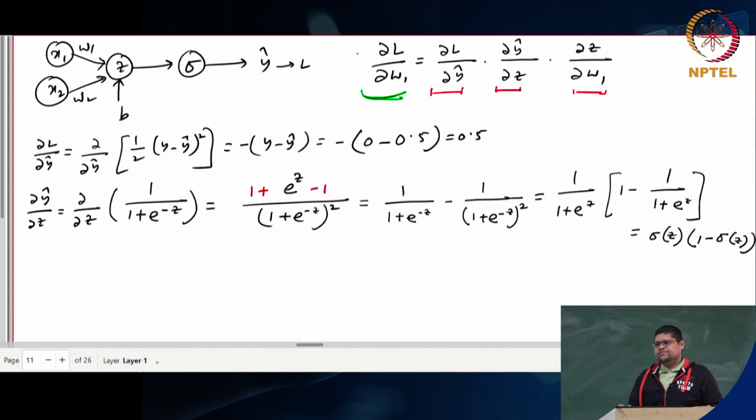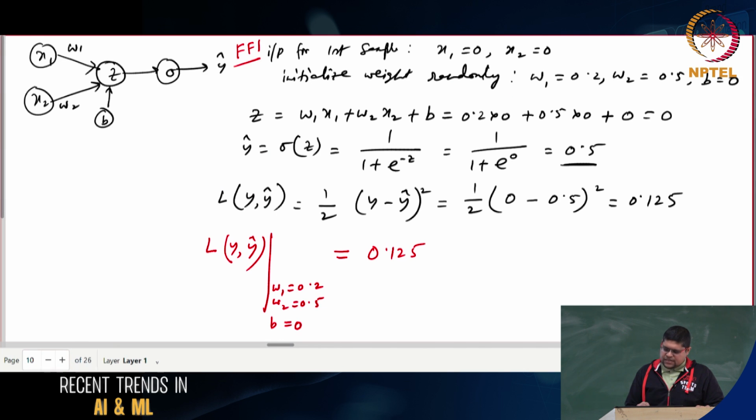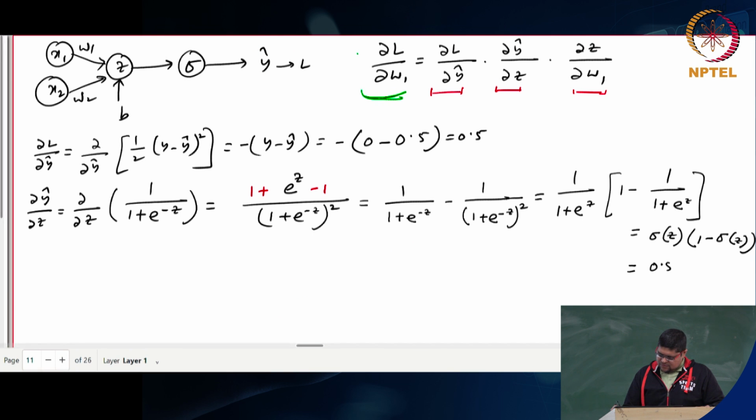How is it coming? Clear, everyone? So now put this value. Sigma z was 0.5. So 0.5 into 1 minus 0.5 equals, clear?